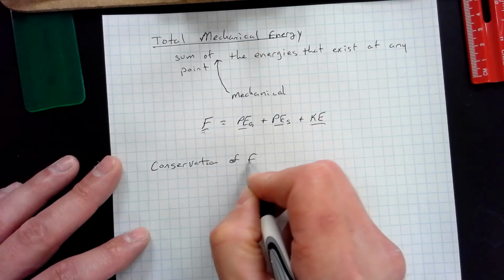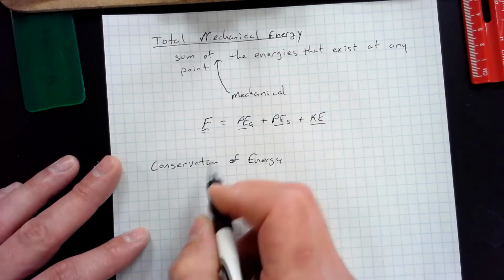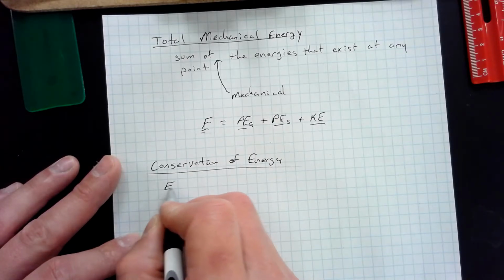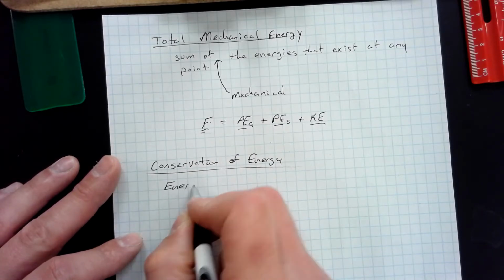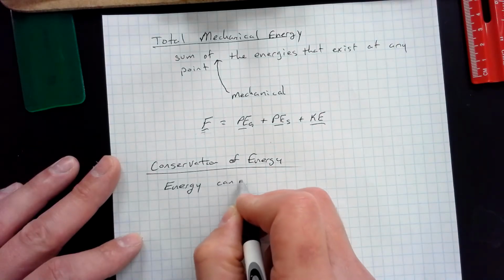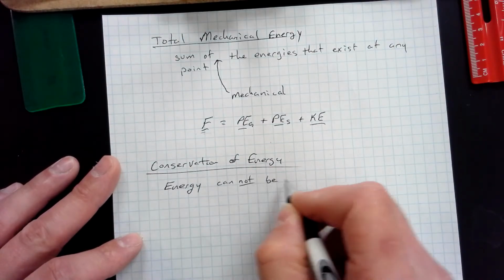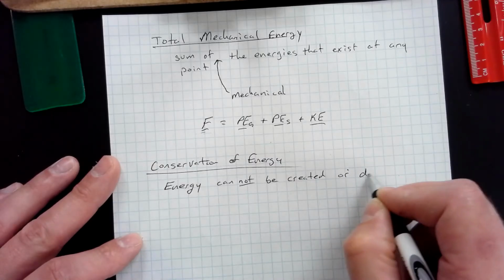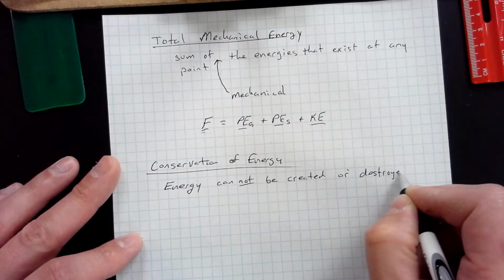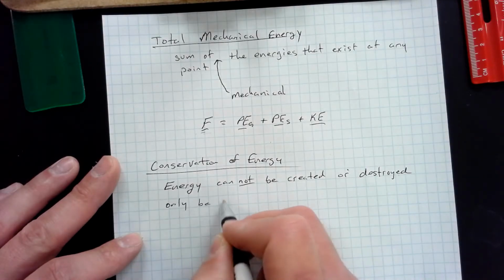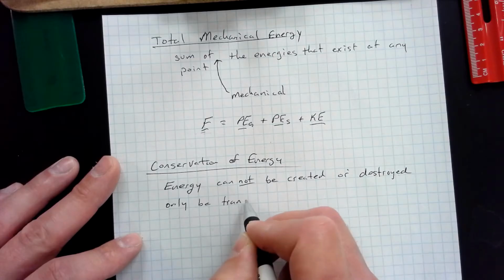And I'm sure in chemistry they talk about the conservation of energy. It just says that energy cannot be created or destroyed. Energy can only be transferred from one form to another.